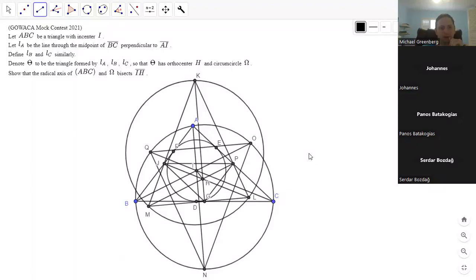And for ML, basically these two circles are the same size because they surround congruent triangles. And I is the orthocenter of one and H is the orthocenter of the other.